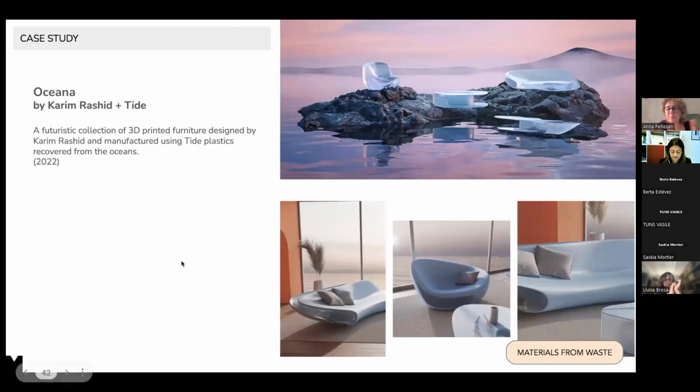Another similar example is this collection of furniture by Karim Rashid. Again, this one is also 3D printed. It is made by materials from Tide Plastics. This is an American company that has developed a technology to sort of repair plastic that has been collected from, let's say, the environment.